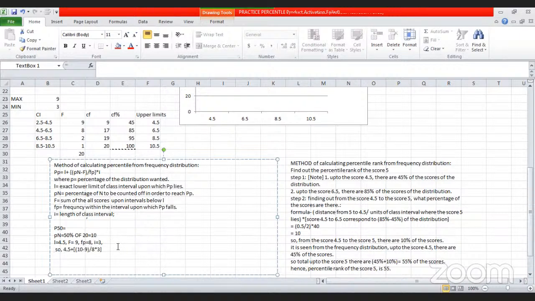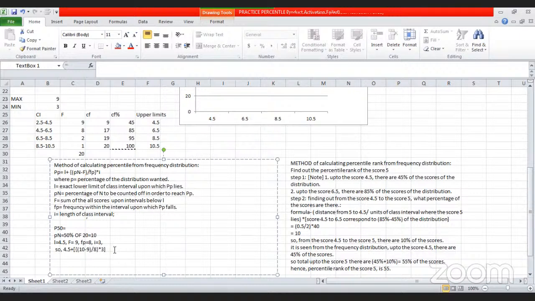Is it clear? 4.5 plus 10 minus 9 divided by 8 into 3. There should be a second bracket. Now I think it's clear. Clear? Yes.